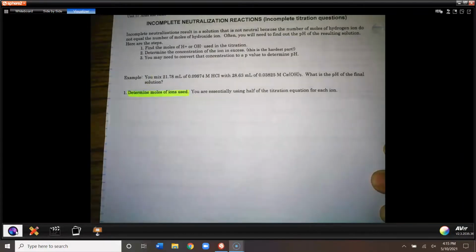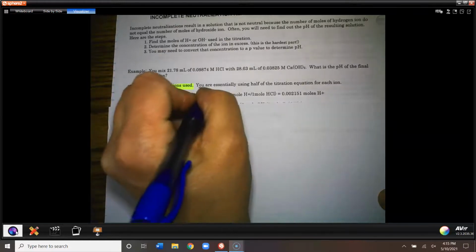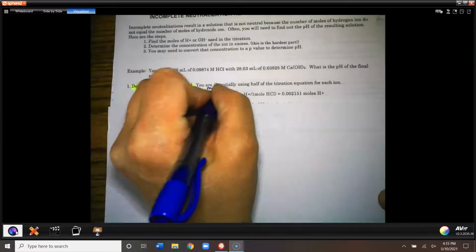All right, so first thing we want to do, like I said, we're going to find the moles of H plus and OH minus. So like I said, you're using half the titration equation. So moles of H plus, we're going to take the volume times the molarity, and notice the volume has to be in liters because I've got to be able to cancel out molarity, which is moles per liter.